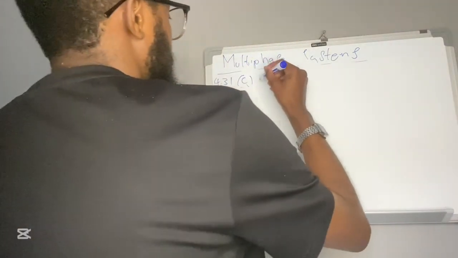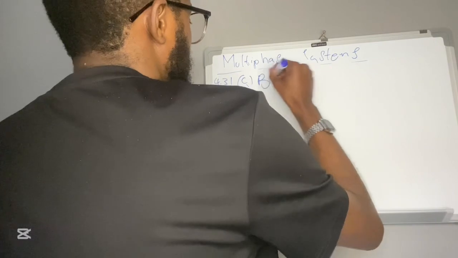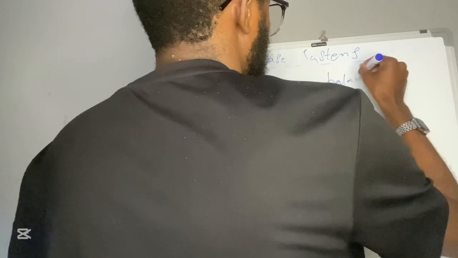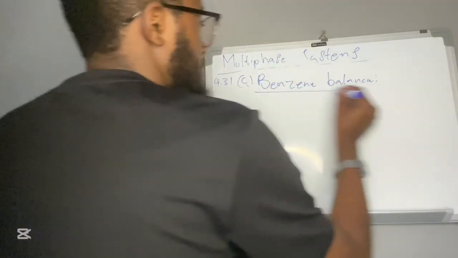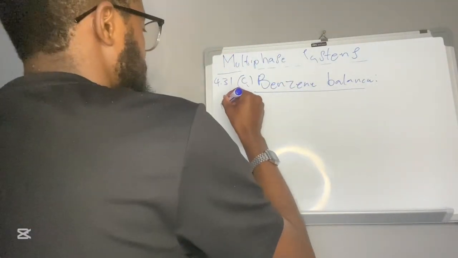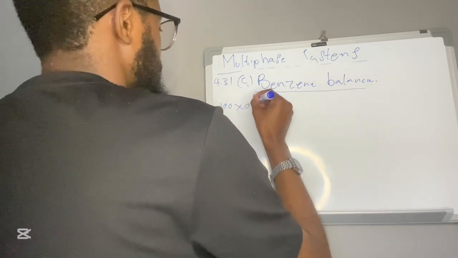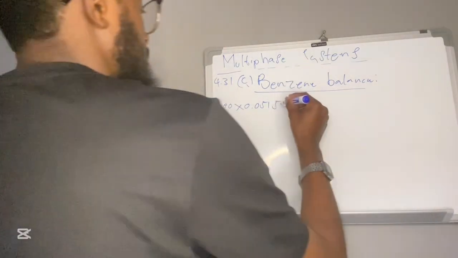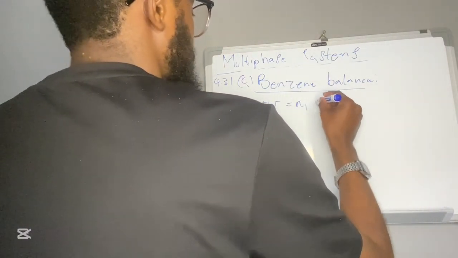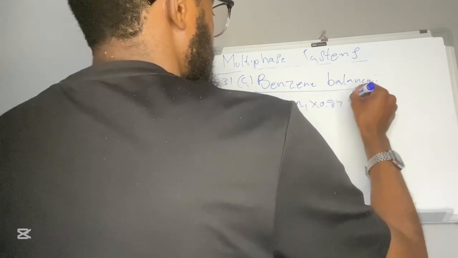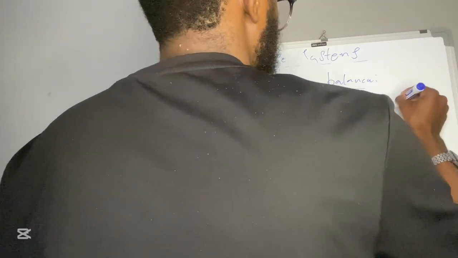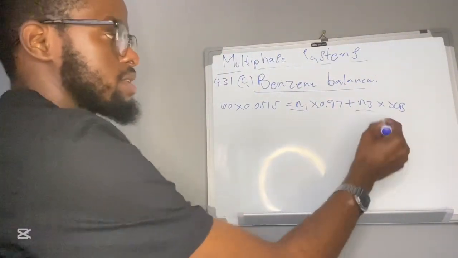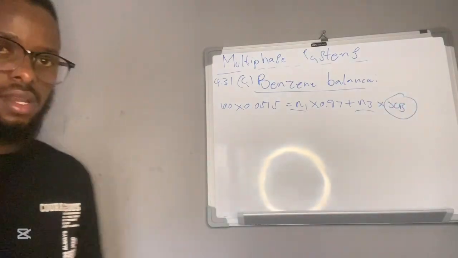This is how they write it: benzene balance. 100 times 0.0515 equals N1 times 0.97 plus N3 times XP. We already found N1 and N3, and we're looking for XP.